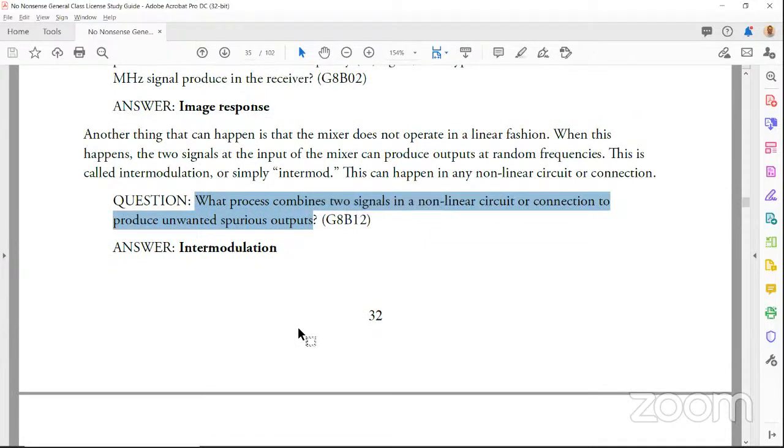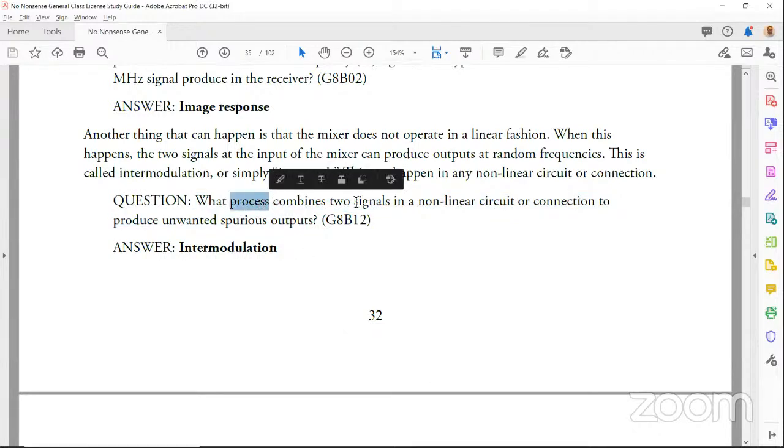What process combines two signals in a non-linear circuit or connection to produce unwanted spurious outputs? So let's dissect this question a little bit. They're asking us about a process that happens to combine two signals. But the key word here is non-linear.